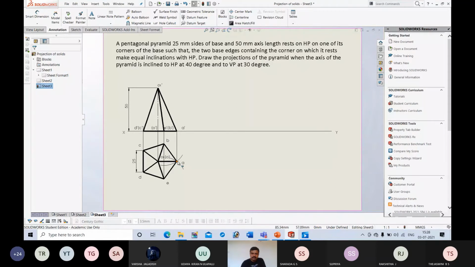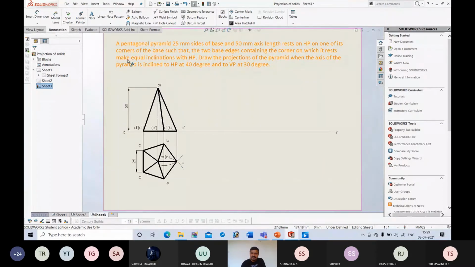So a pentagonal pyramid, 25 mm sides of base and 50 mm axis length, rests on HP on one of its corners of the base. That means it is resting on a corner, such that the two base edges containing the corner on which it rests make equal inclination with HP.